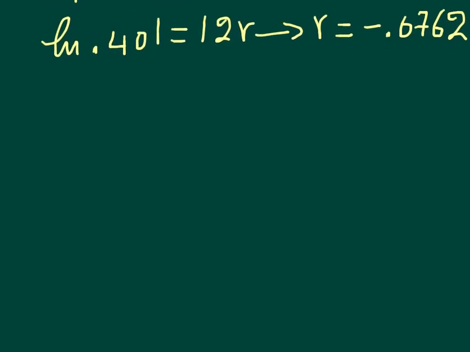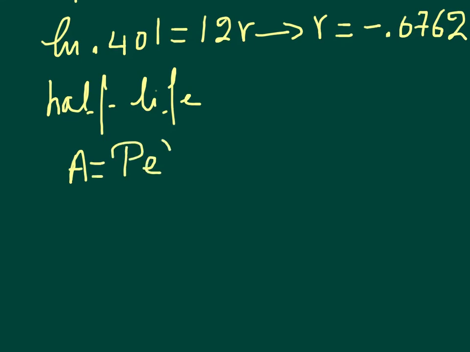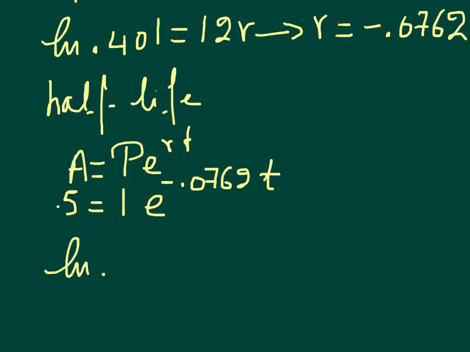Next, we're going to try to answer the question. We want to look at the half-life. And the half-life, you're going to do it the same manner. We're going to do A equals Pe to the rt. And so we want to start with 1. We want to end up with half of that. We already know the rate at which it's decaying, 0.0762, and we're looking for the time. ln both sides, ln 0.5 is equal to negative 0.0762t.